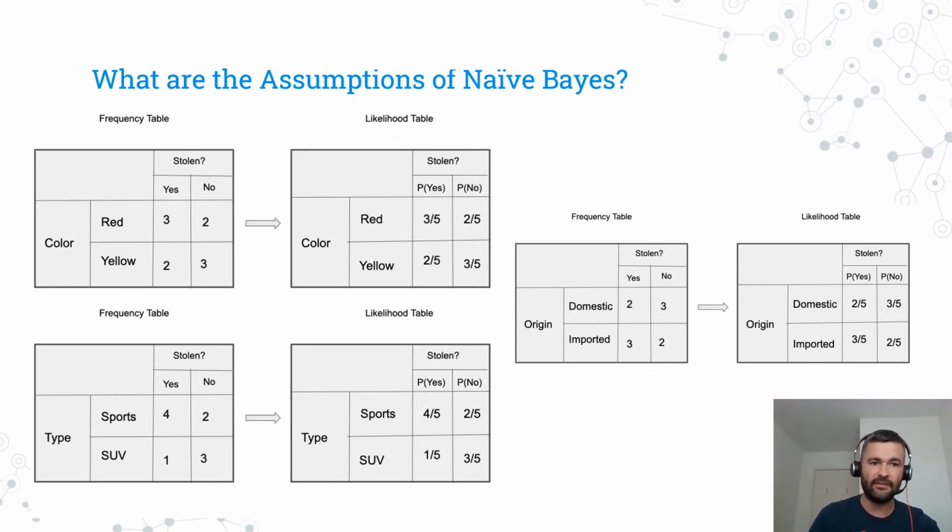After converting the frequency tables into likelihood tables, the result of the prediction is the class with the highest posterior probability, and the frequency and the likelihood tables for each of these three predictors are also shown here. So you've got the color, you've got the type, and you've got the origin. So in our example, we have three predictors denoted as X.